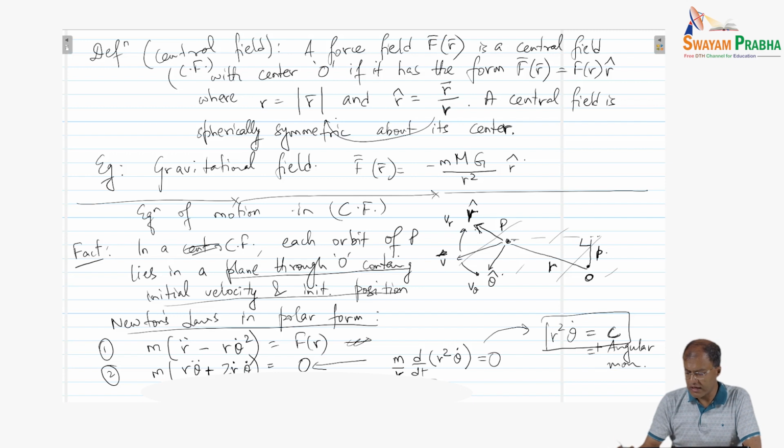So r square theta dot is a constant. Let me call this constant L, which is the angular momentum, which can be found from the initial condition, right? So we'll use this important identity in deriving certain quantities in the planetary motion later on. Okay, so we call this identity the conservation principle, the conservation of angular momentum.